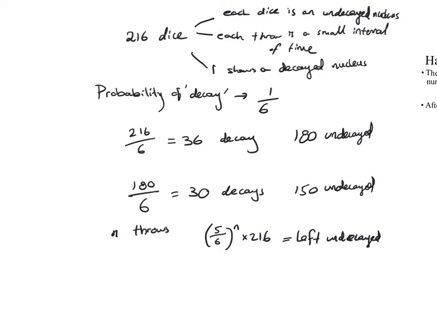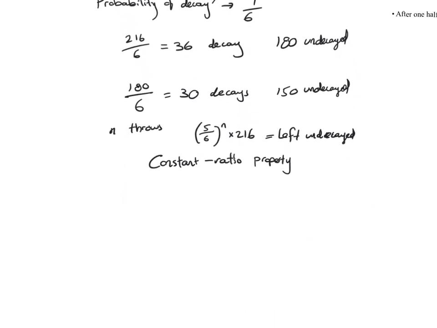Now this is a very constant ratio property. This is something that we have seen in capacitors, where we had exponential decay with time. So we will come across exponential decay here, but before we do, we will introduce a few more terms.